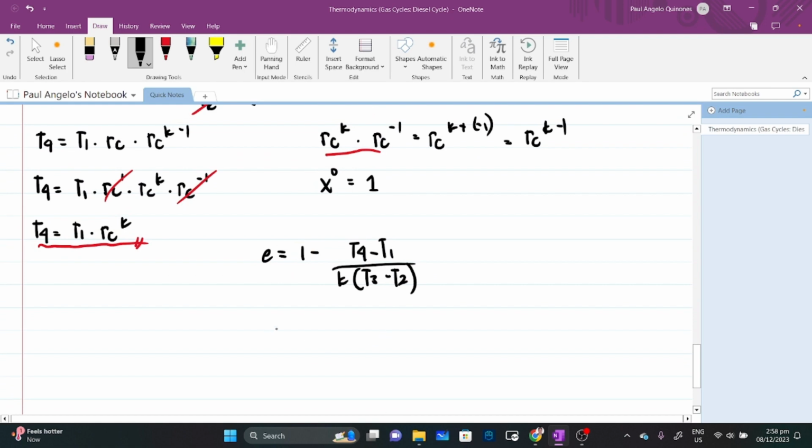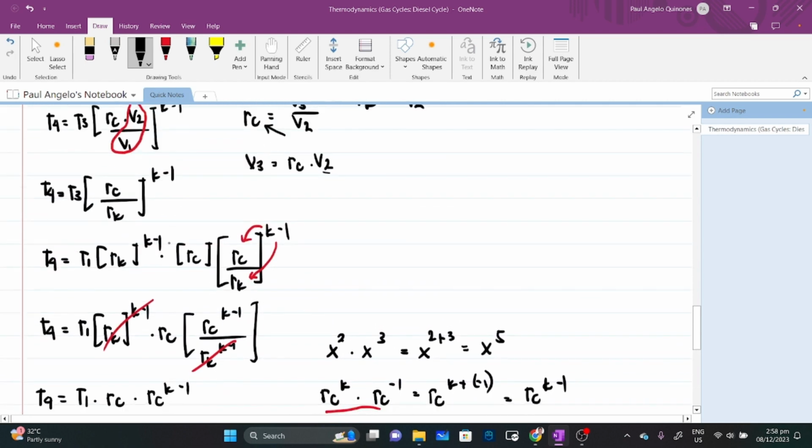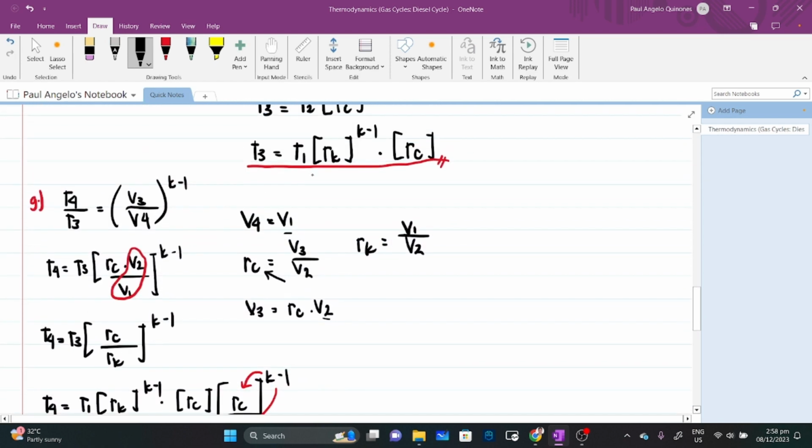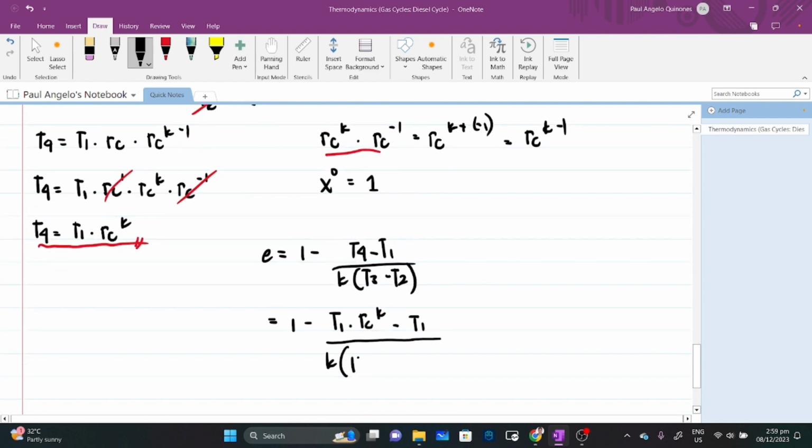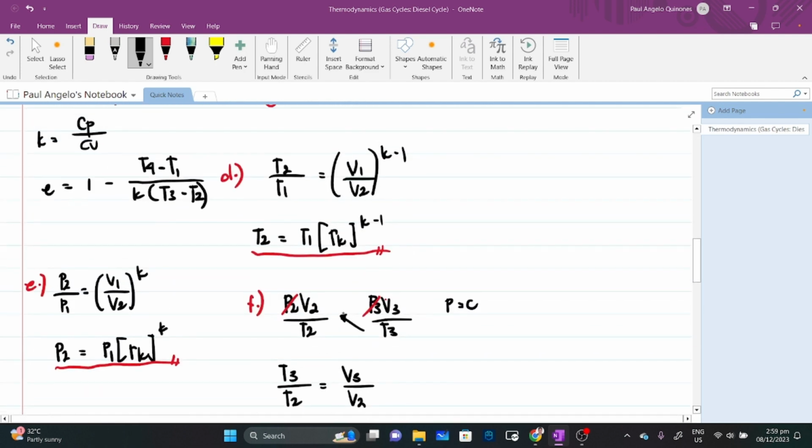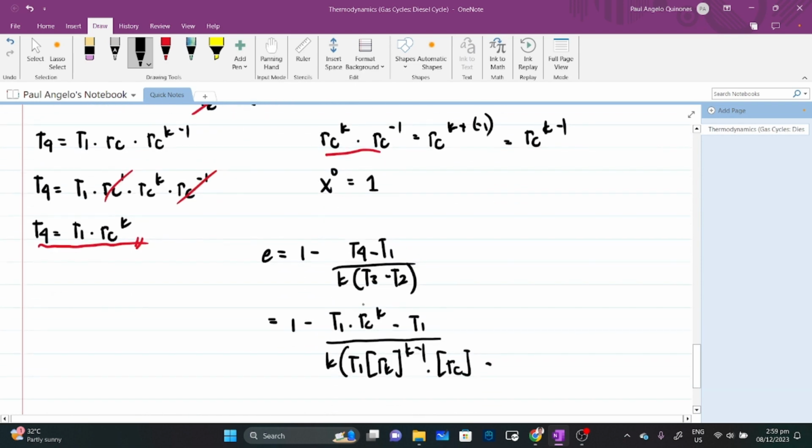We have the efficiency is 1 minus T4, that is T1 times RC raised to K, minus T sub 1, over K quantity T3, that is T1 RK raised to K minus 1 times RC, minus T sub 2, that is T1 RK raised to K minus 1.